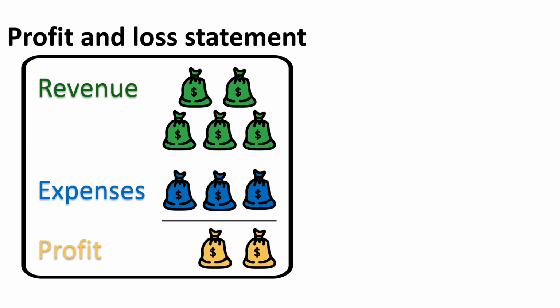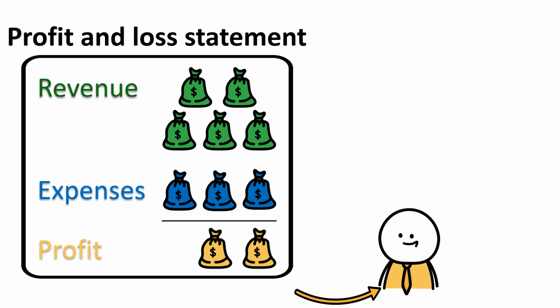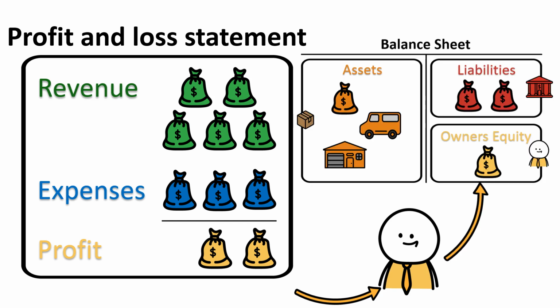Now, who does this profit belong to? Well, if it's yellow, then it must belong to our owner. And we show that profit in the yellow owner's equity part of our balance sheet. And here it is, 2 bags of money. The 2 bags of money are also in our business bank account because we received 5 bags of money into our account from sales.